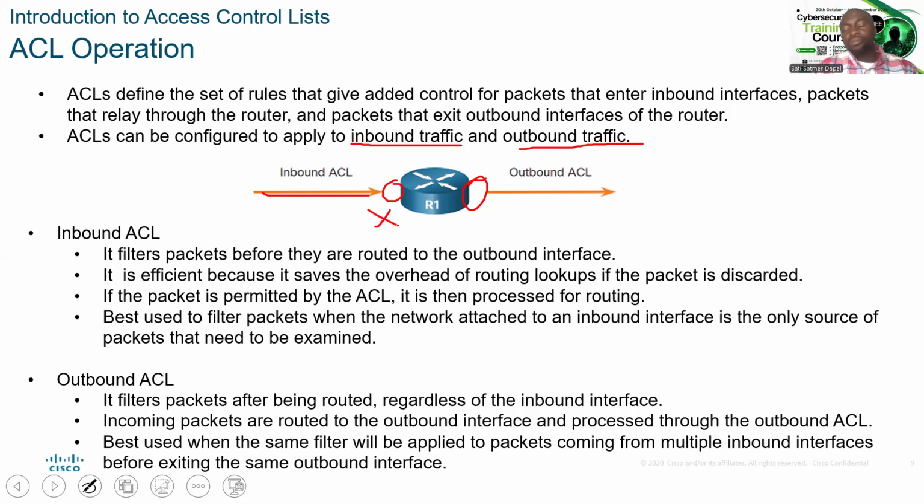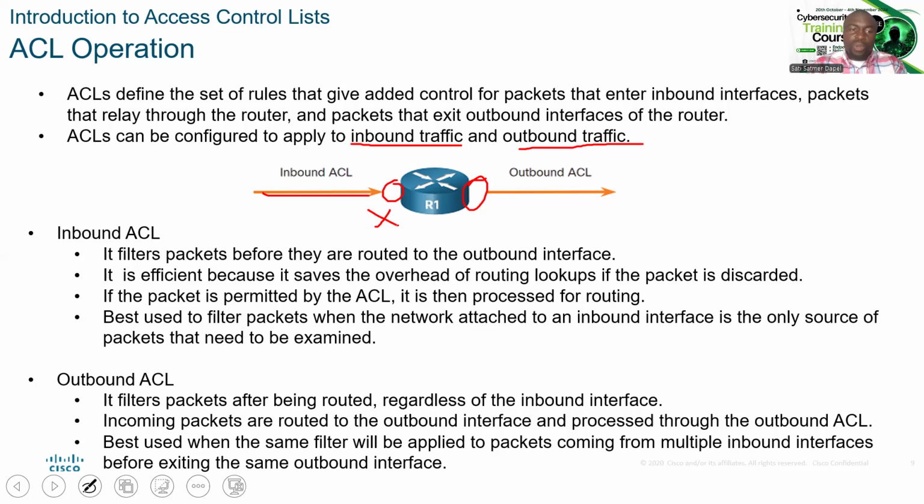It will not even be allowed inside the network. But if you want to stop your users that are in audit from browsing pornographic websites or downloading videos, you are blocking them before they go out of the router.